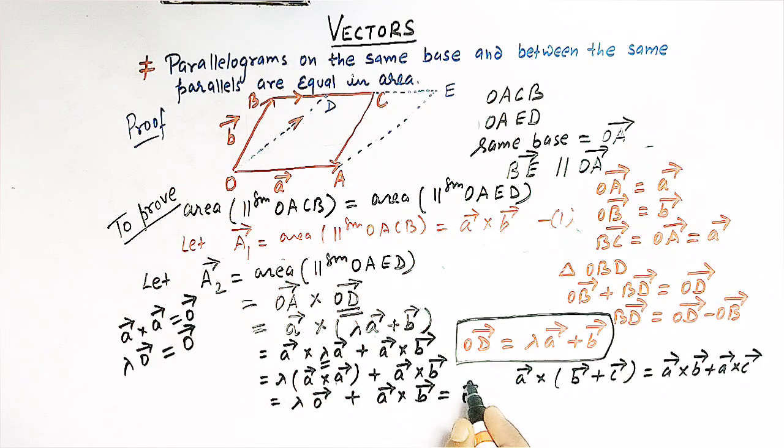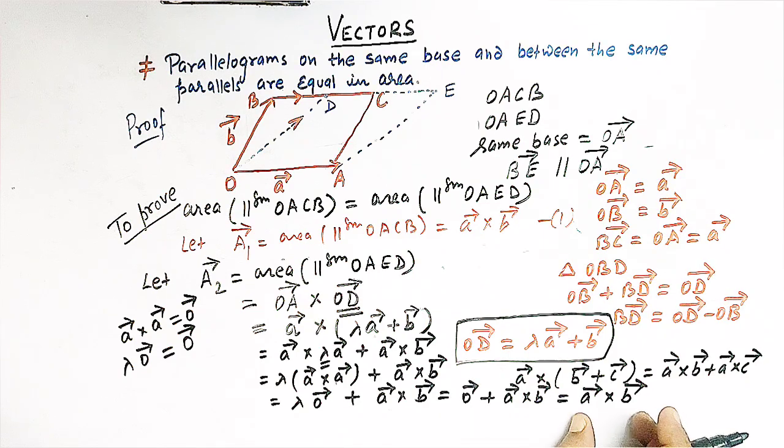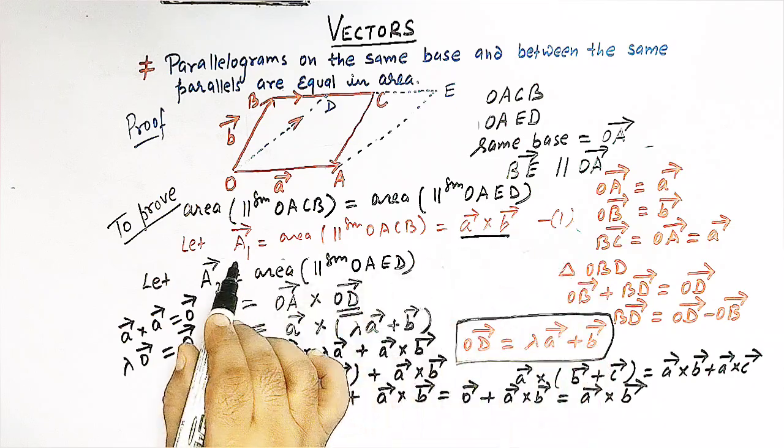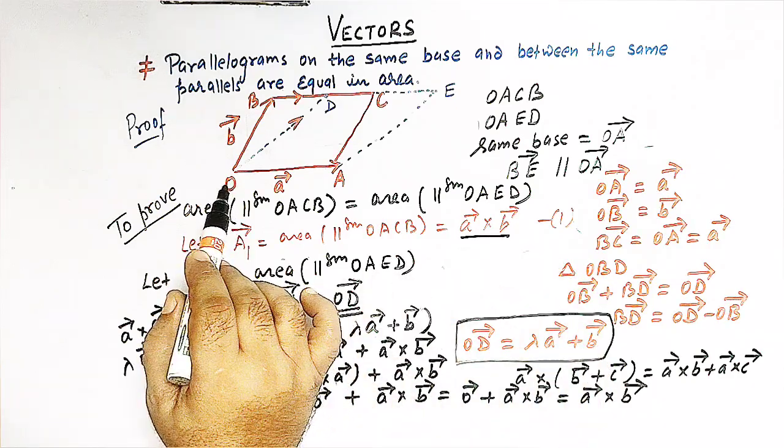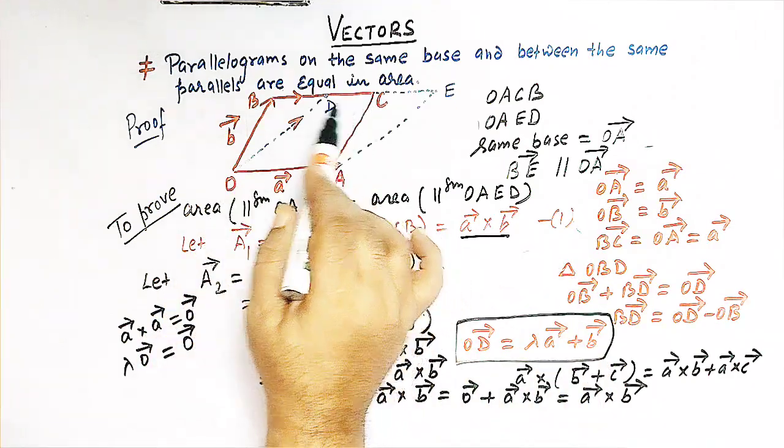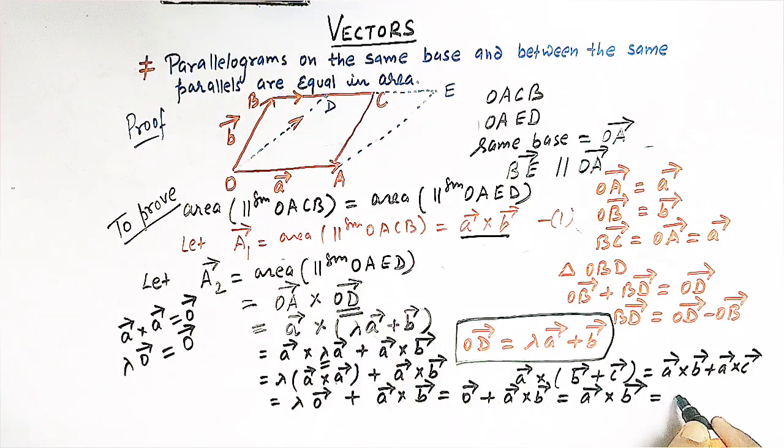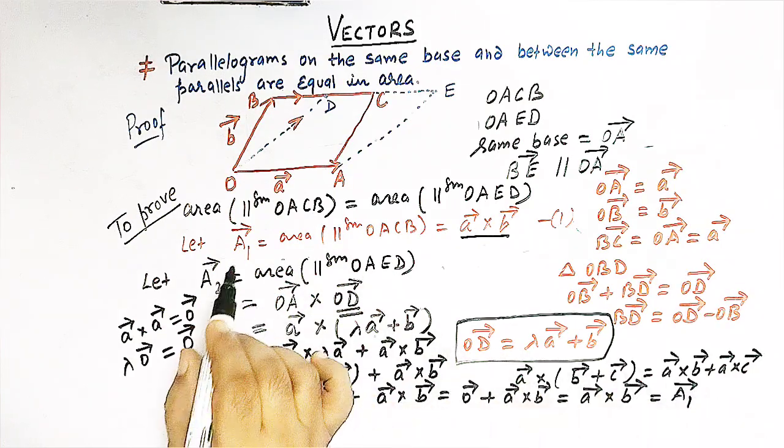So we have zero vector plus A cross B, and this is equal to A cross B, and A cross B is the vector area of the parallelogram, that is OACB. So here we can write the vector area A1, right?